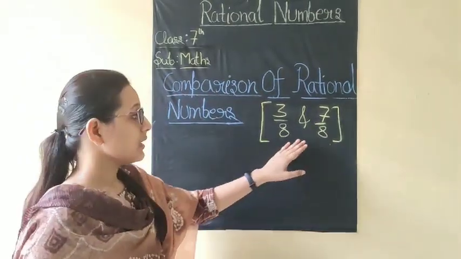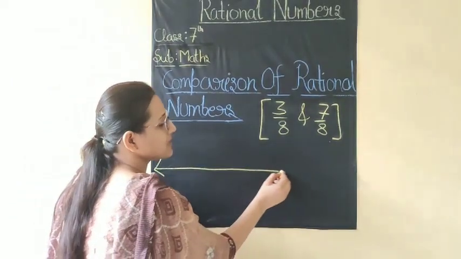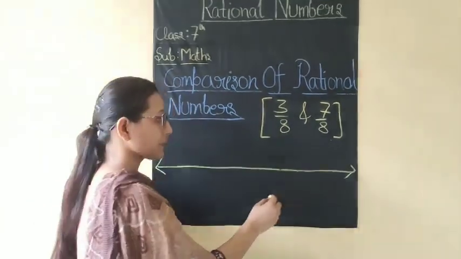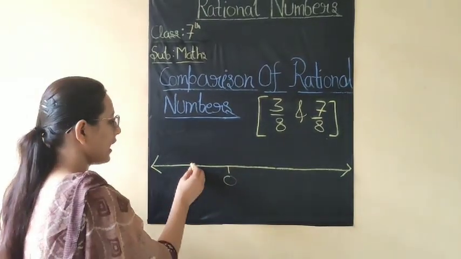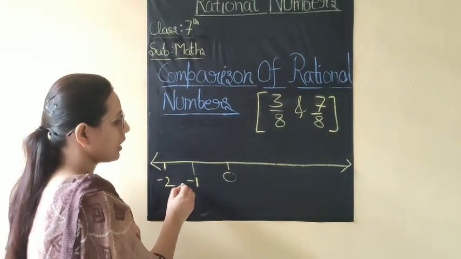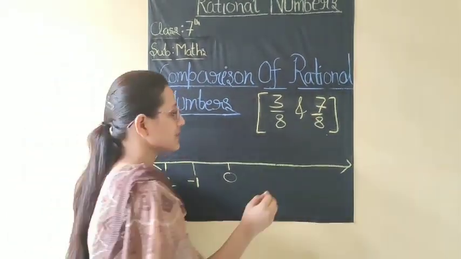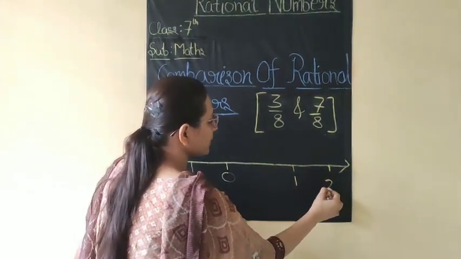Now let us make a number line for doing the comparison of both of these rational numbers. So 0 is in the middle, negative integers are on one side, and all the positive integers are on the other. There is 1 and 2.